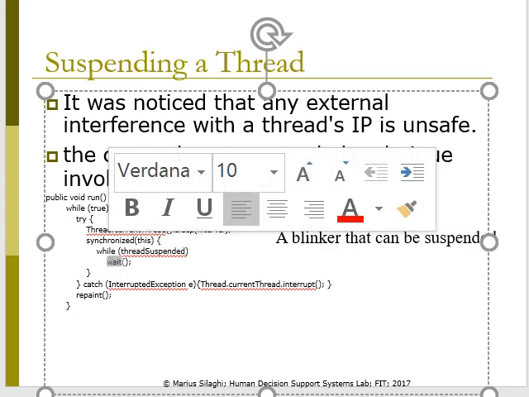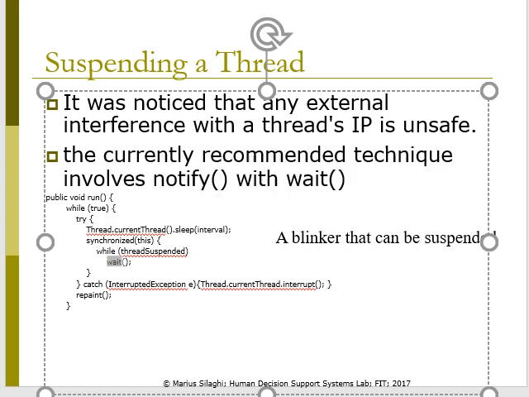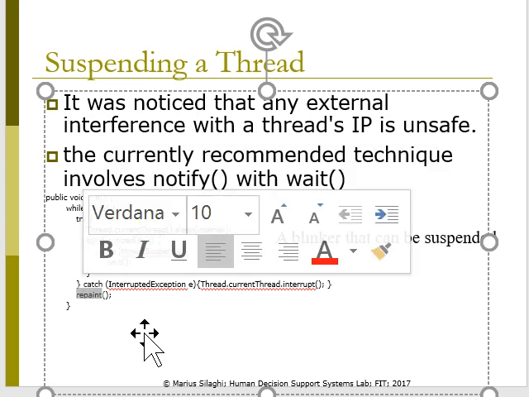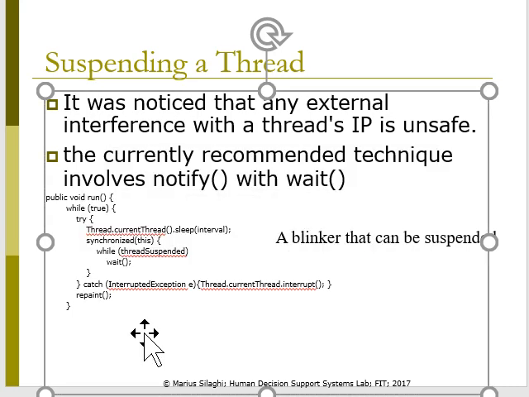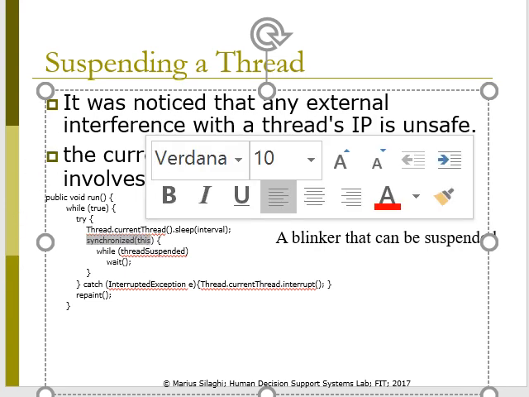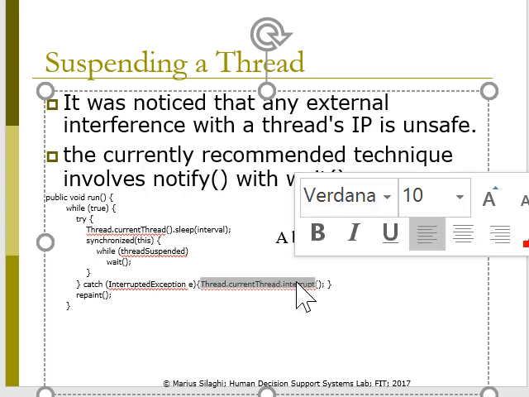Then if it's not suspended, it's just going to get out of the while loop and continue repainting. Otherwise, if the thread is suspending, it will just keep staying in the wait condition. In case an interrupt is raised, then the interrupt will be propagated.